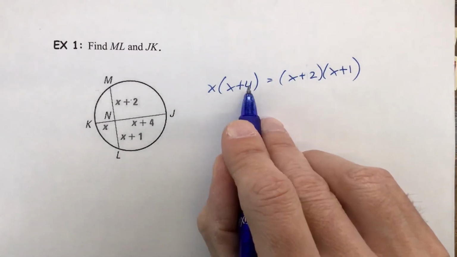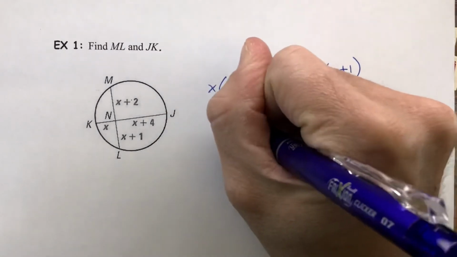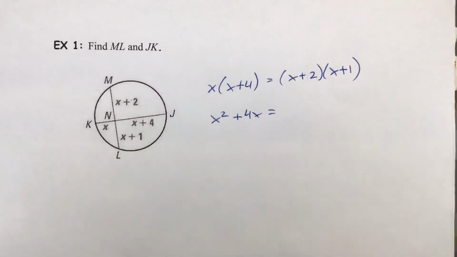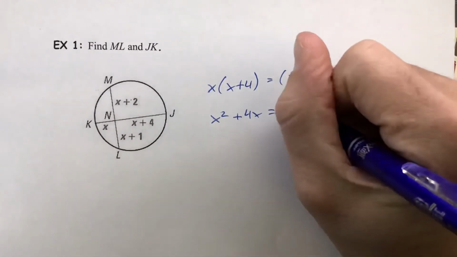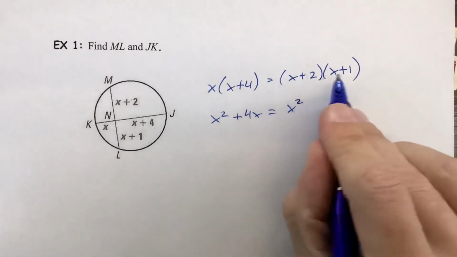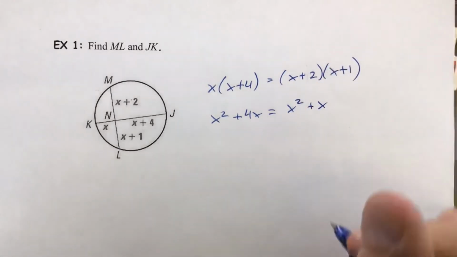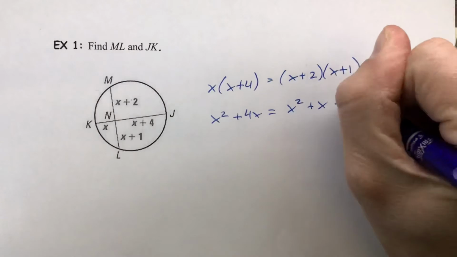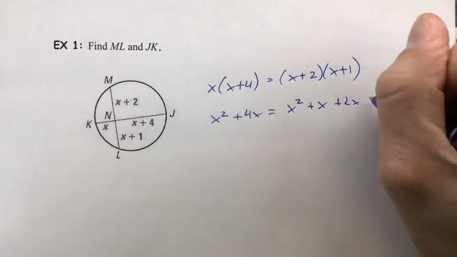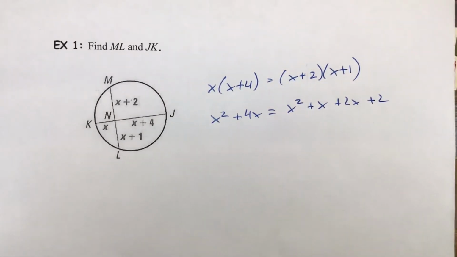Okay, with a little bit of distribution here, we get X squared plus 4X. Over here, with double distribution, you get X times X, which is X squared, X times 1, which is X, 2 times X, which is 2X, 2 times 1, which is 2. Now we can do a little bit of grouping, and we can also do a bit of canceling.